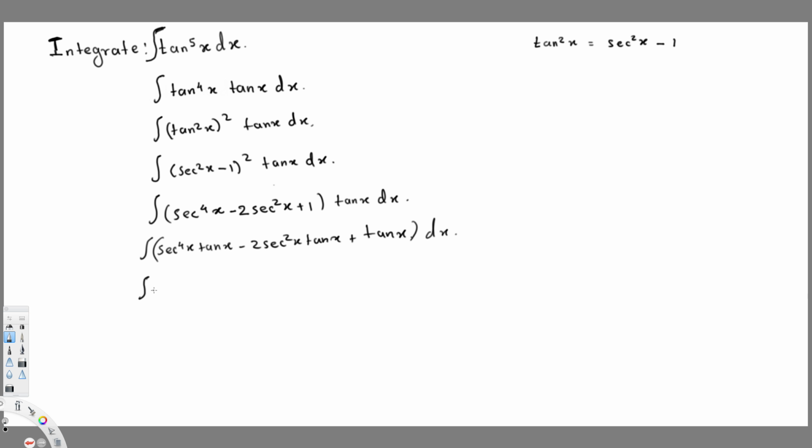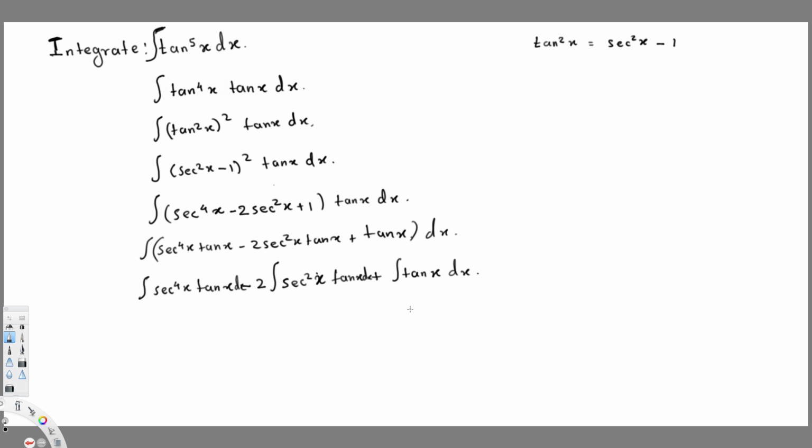So this is going to be the integral of sec^4 x tan x, minus, I can keep the 2 in front because it's a constant, 2 times the integral of sec square x tan x, plus the integral of tan x, and I also have to put dx in front of everything, dx, right?